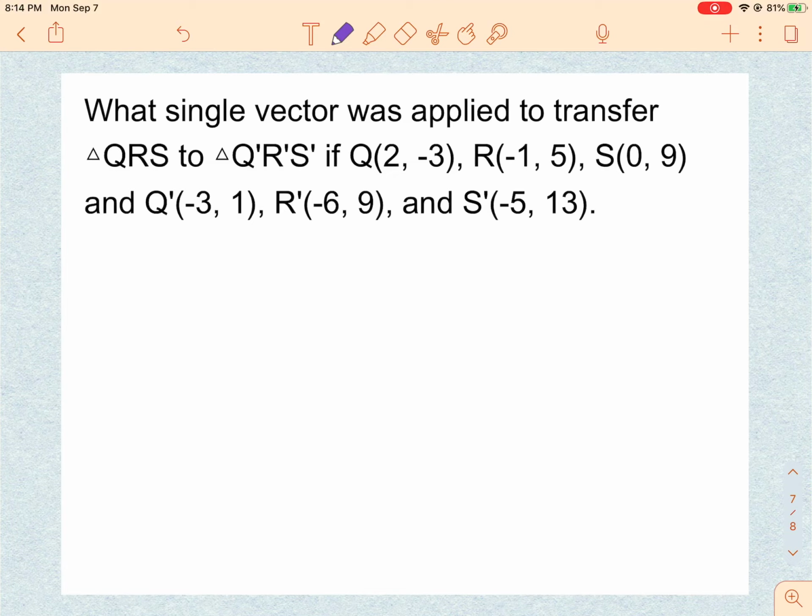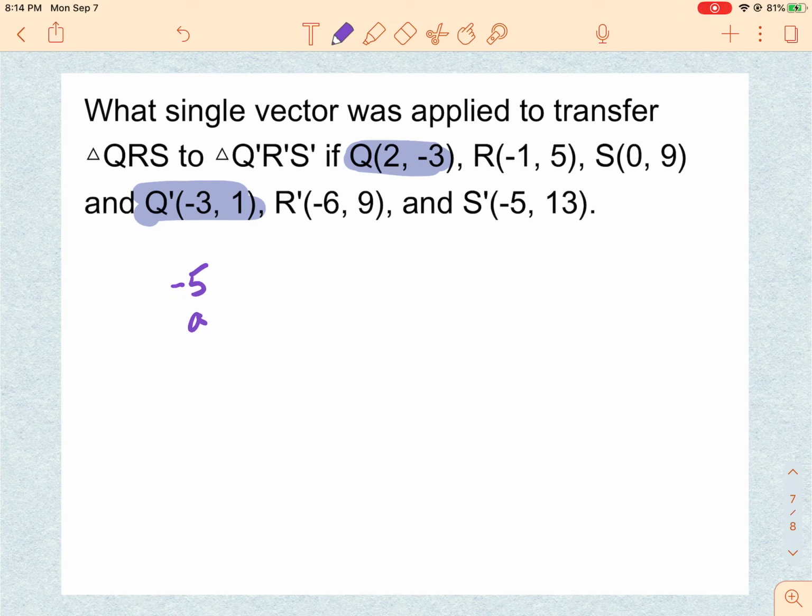So by taking a look at that, you should see, if we focus on Q to Q prime, how did you go from 2 to -3? Well, you would have moved over 5 to the left. So I'm thinking in my head, 5 to the left is what we were doing there.